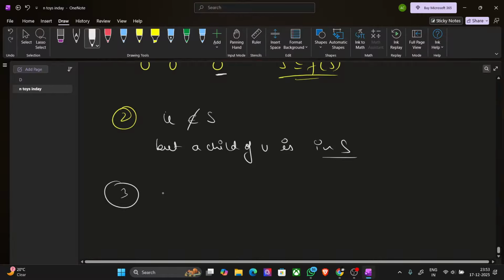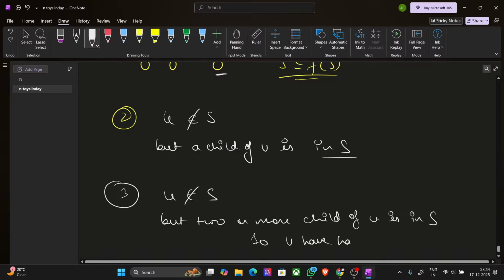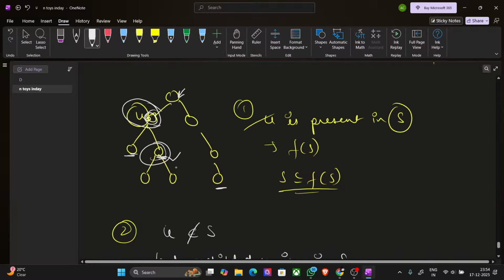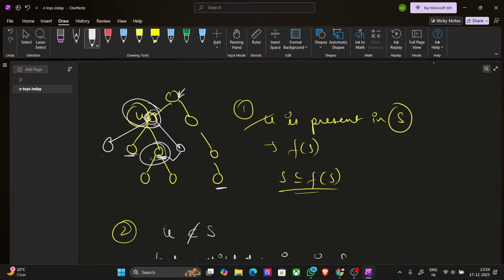My third condition is U is not present in S, but two or more children of U are in S. So U has to be in FS, because if there are, let's say, three or four children, and two children of U are present in S, then the LCA of these two children is U, this particular node.